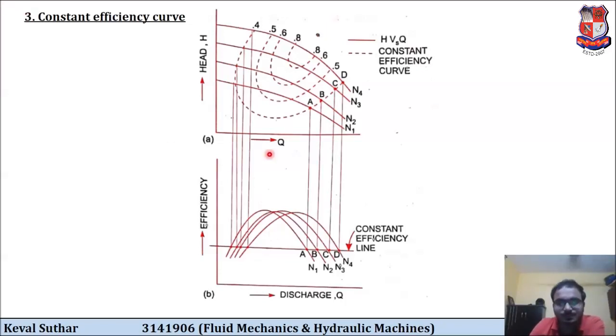We have two diagrams and we draw a constant efficiency line, and we have points A, B, C, D at different speeds, and we obtain the same points A, B, C, D on the head versus Q curve. Then we can take another speed and obtain another 4 points. Similarly we obtain all the constant efficiency curves like this. As we have already done this in hydraulic turbines, we will not spend much time again discussing how we obtained this curve.